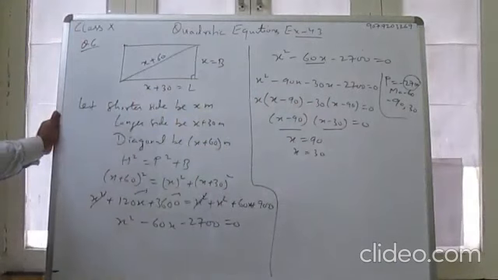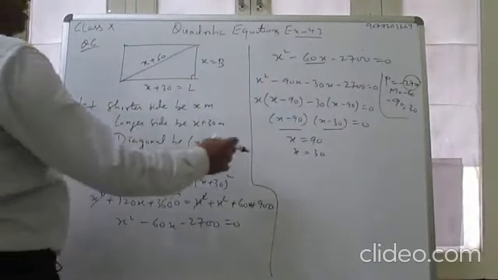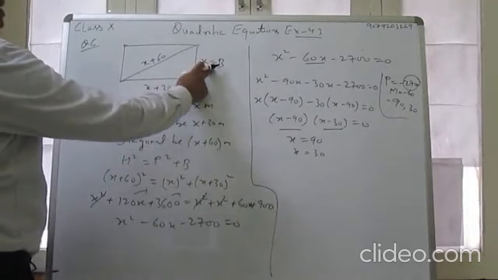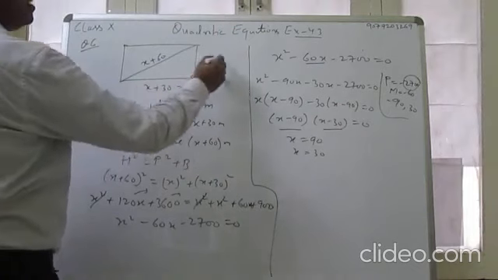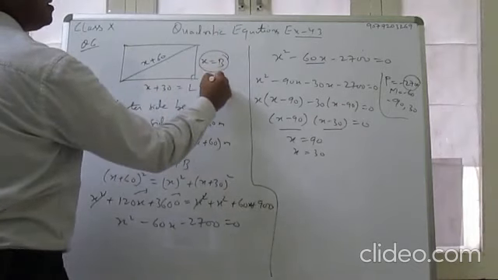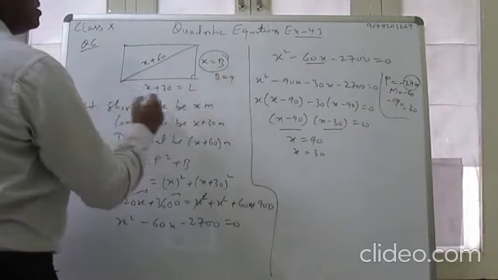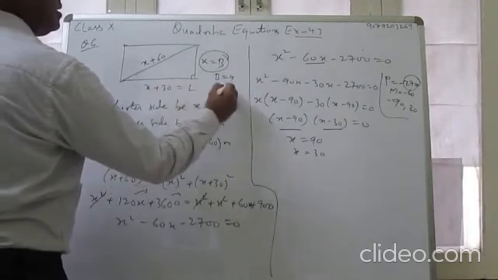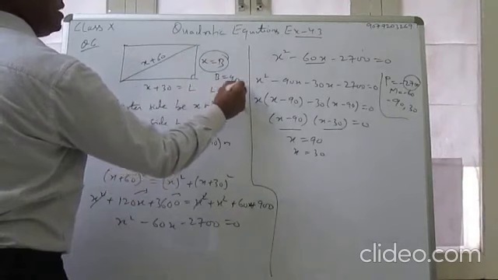Now see here, what is the length and breadth? If I take x is equal to 90, the breadth is 90, then the length is 90 plus 30, 120.